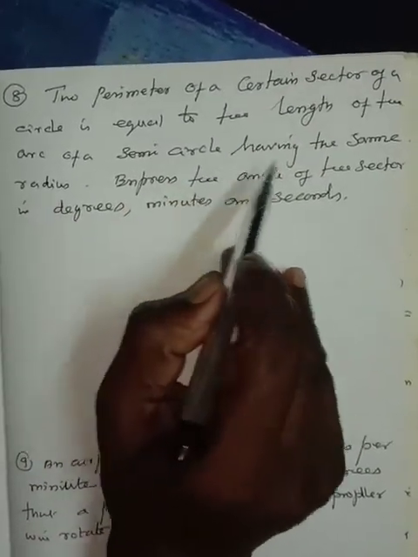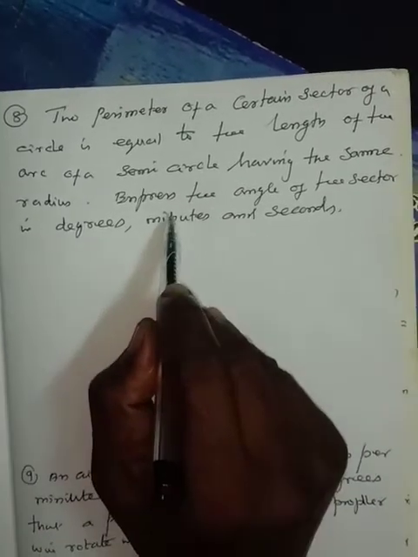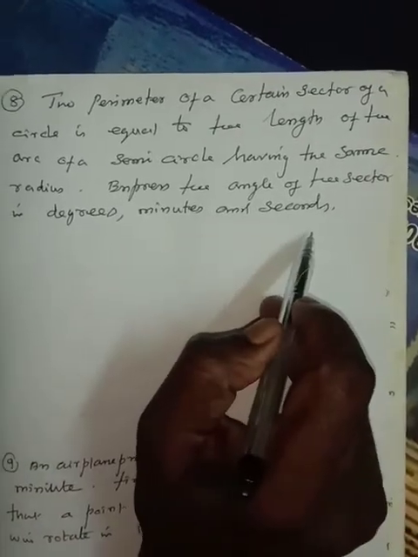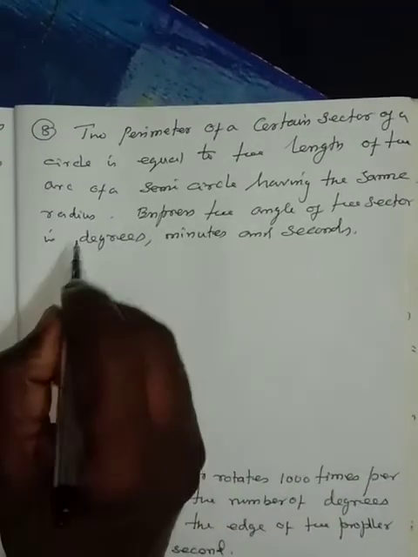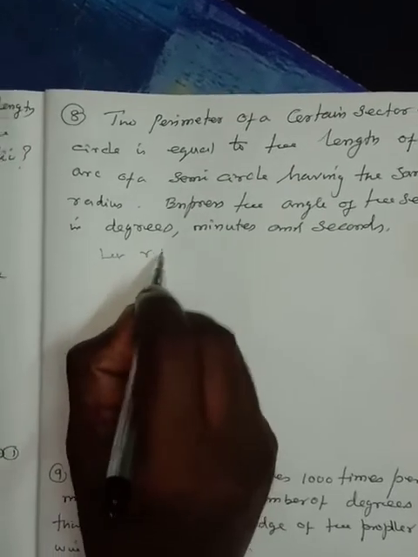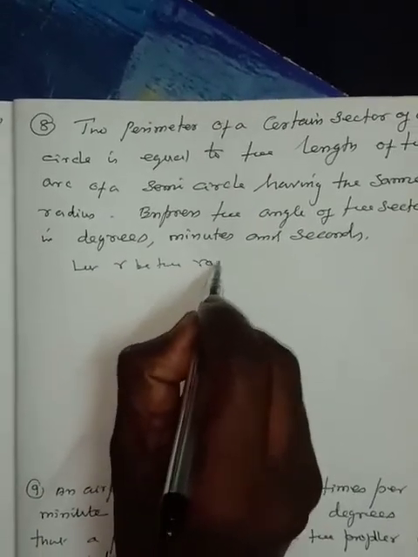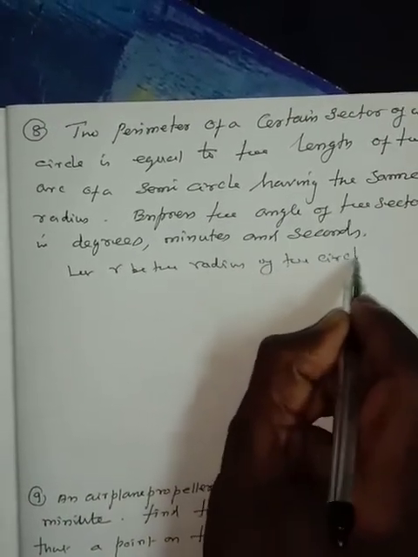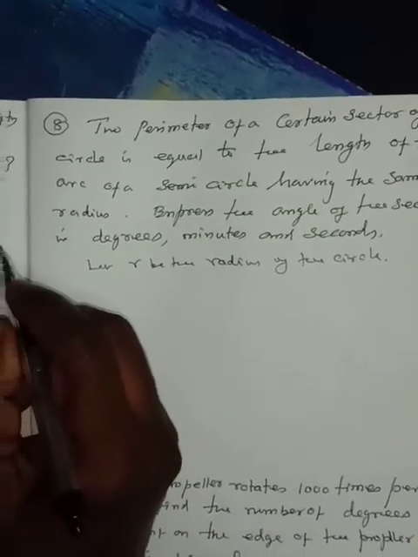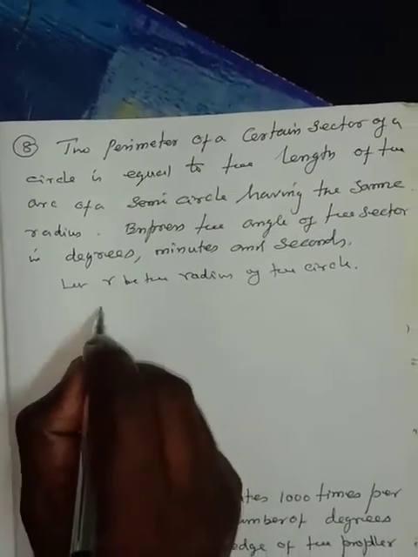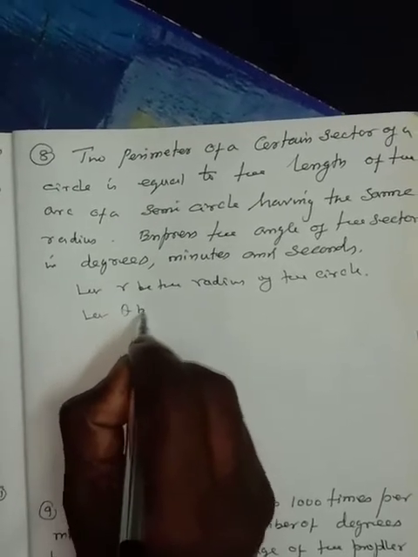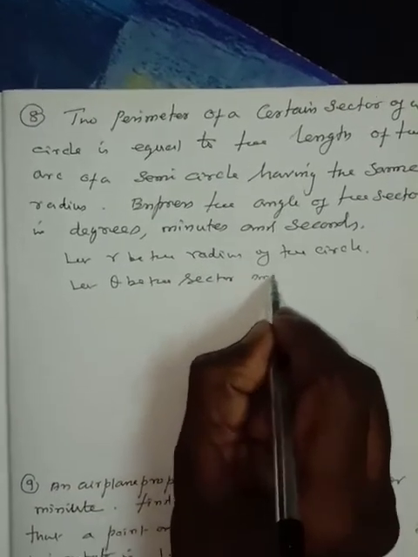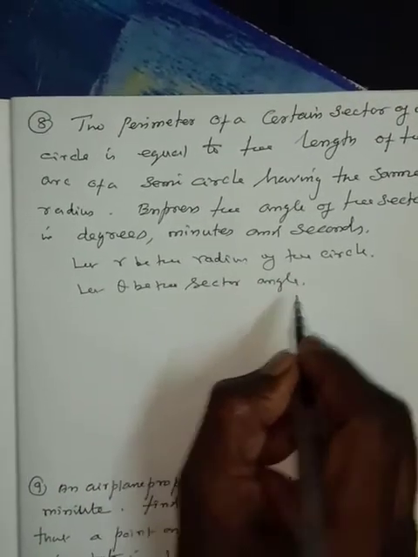The perimeter of a certain sector of a circle is equal to the length of the arc of a semicircle having the same radius. Express the angle of the sector in degrees, minutes and seconds. Let R be the radius of the circle. Next, let theta be the sector angle.